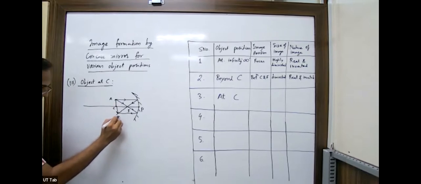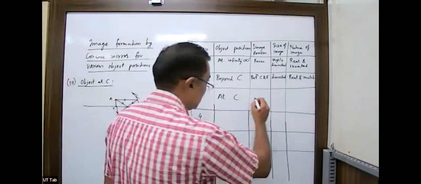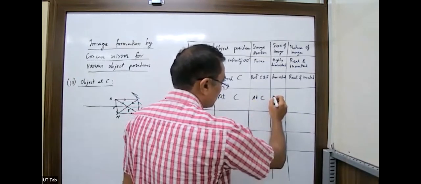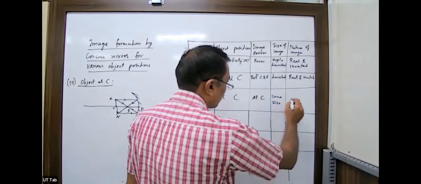This is A dash. So what we are getting now is the image at C, and it is the same size, real and inverted.